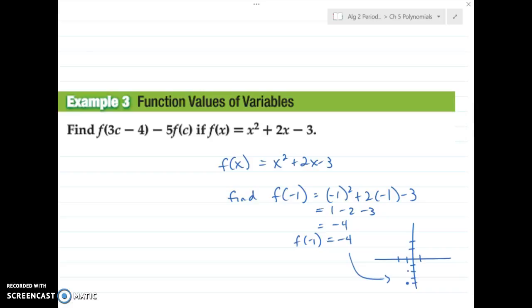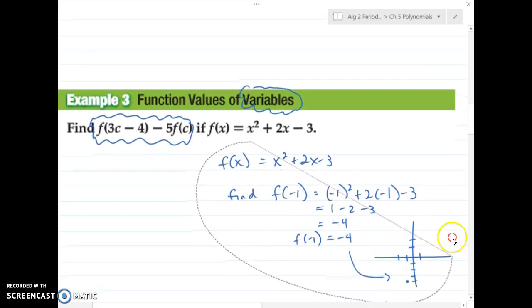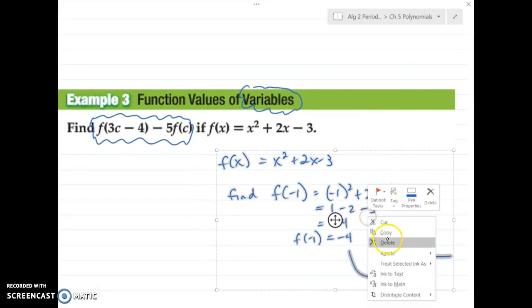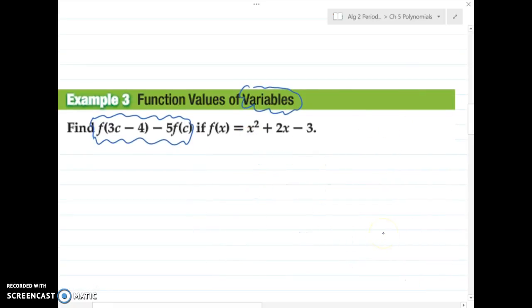Now, this is where this book wants to get just really fun and make our life hard. We know how to find the value of the function, but now we want to find it putting variables in, and not just any variables, but very complicated sorts of things. So I'm going to erase this stuff that we just did. All right, now bear with me here. If we want to find f of 3c minus 4 minus 5 f of c.